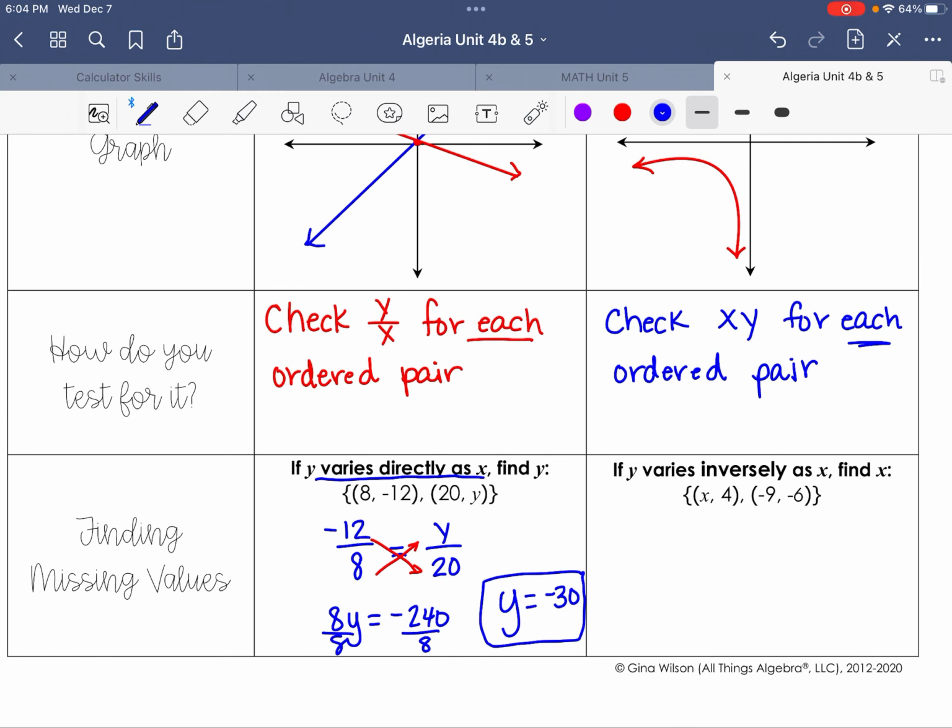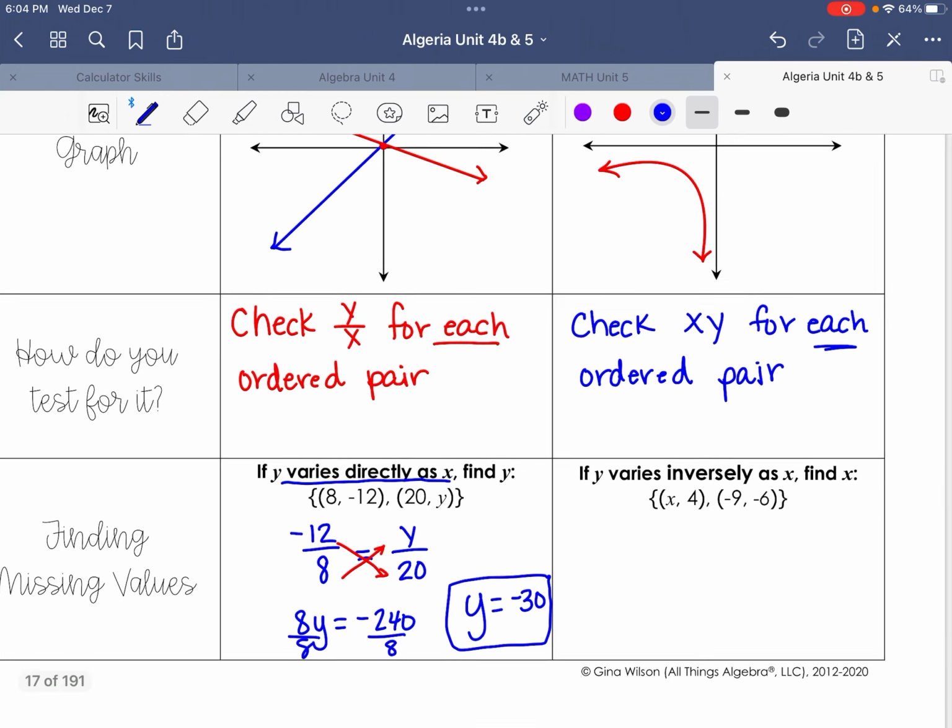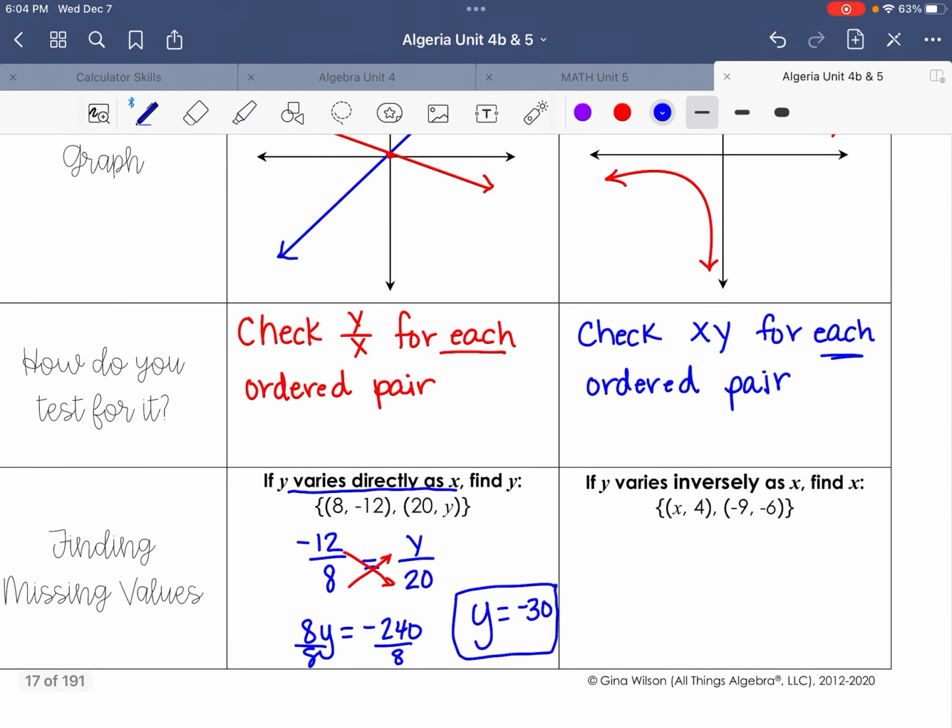So the next one, again, keyword: if y varies inversely as x, find x. That means each y times each x is going to give me the same number. So this is just as easy to solve. I can solve this by multiplying the y's times the x's and setting those equal.